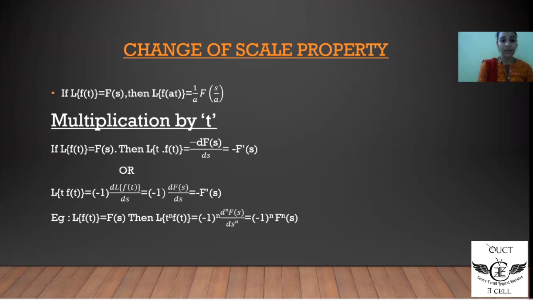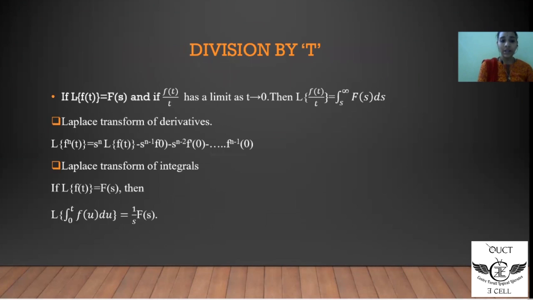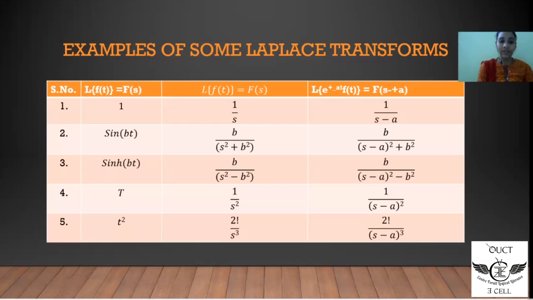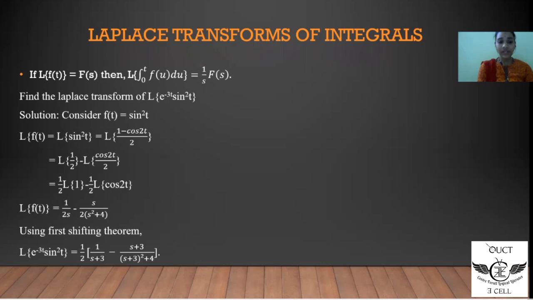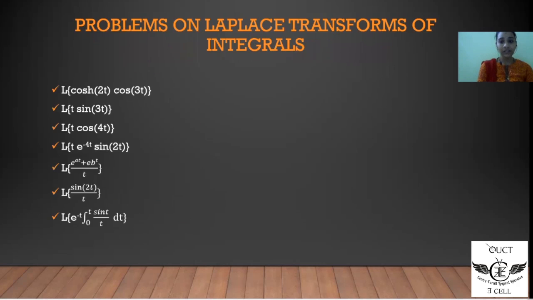How can we find the Laplace transform when the given function is multiplied by t? And how can we find the Laplace transform when the given function is divided by t? And how can we find the Laplace transform when a given function is differentiated, and when some function is integrated, etc.?